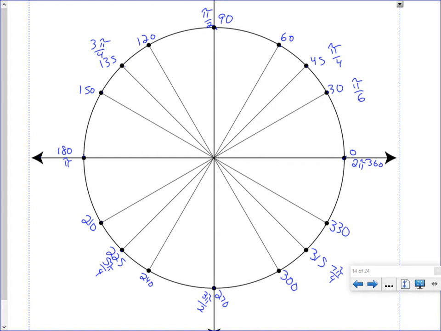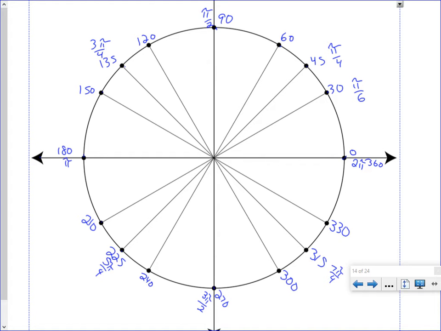So if I multiply 90 by 1/3, I get 30 degrees. So if I multiply pi over 2 by 1/3, I get pi over 6. For every 30 degrees that I go up and around, I'm adding 1/6 of the circle, which means I'm adding pi over 6. So that's where we get pi over 6.